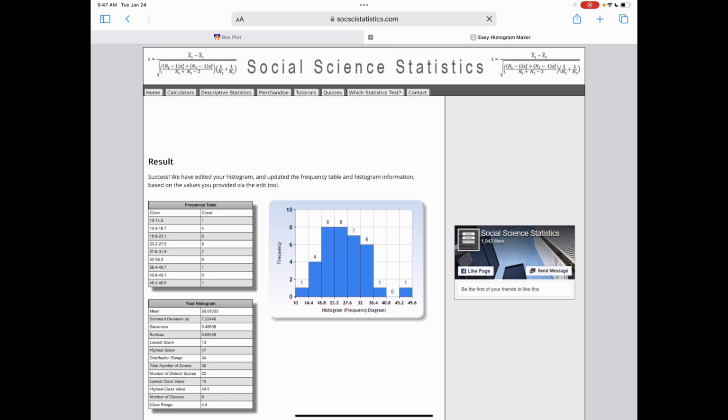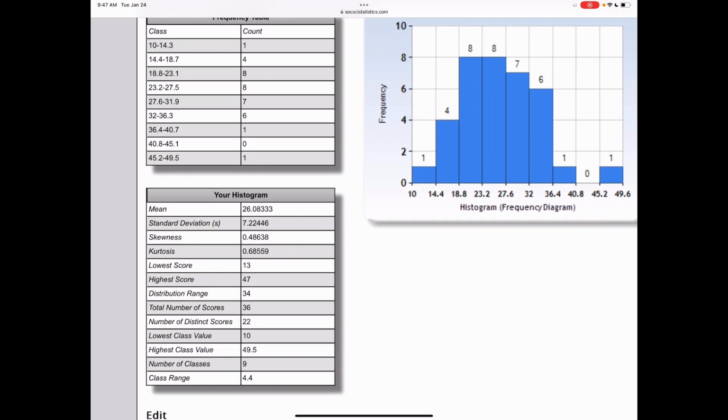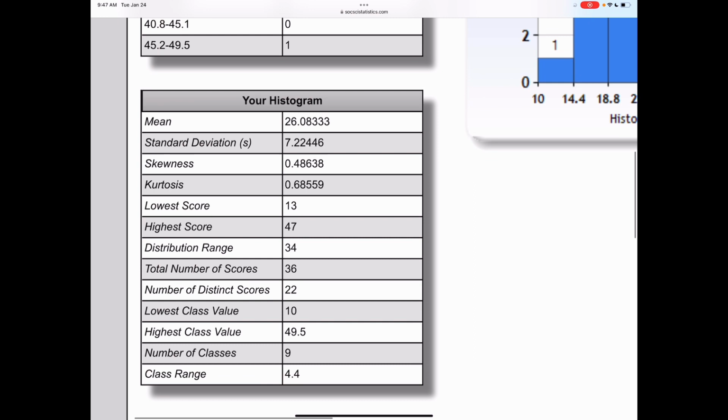So I'll add the histogram with a 9, and again, it is mostly symmetrical. It's definitely not a perfectly symmetrical set of data, but I'm going to say that this is a symmetrical set of data. Being symmetrical, we are going to use the mean and the standard deviation to describe the center and the spread. So with this, if I look right at the top, it tells me the mean is 26.083333.